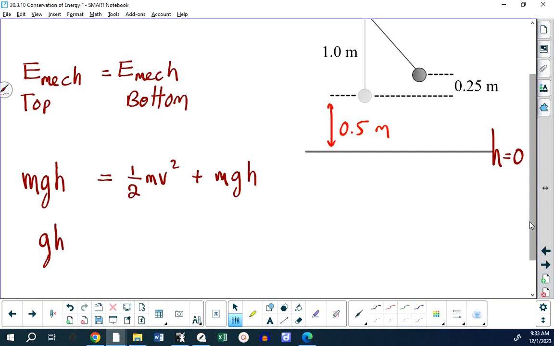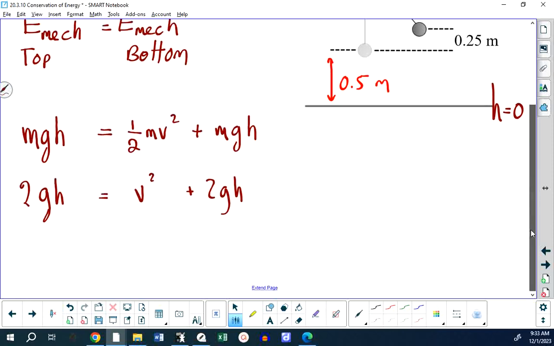gh at the top equals, can we also multiply both sides by 2 here? I'm not asking if we're allowed to, I'm asking, are you okay with it? Okay. To get rid of that half, so this is where we are at. And I'm going to put T for top, B for bottom. You don't have to do that because in my mind, the left-hand side of this equation is top.